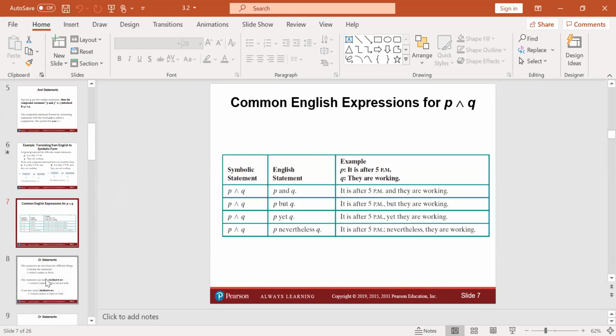So it's really interesting. Some other ways to talk about the word and. If you say P and Q, obviously. If you say P but Q. Now that's interesting. The word but, B-U-T, actually, logically speaking, is just the same as the word and. If you use the word but, though, there's some kind of emphasis you're putting on it, or some kind of, not shock value, but you're creating it.